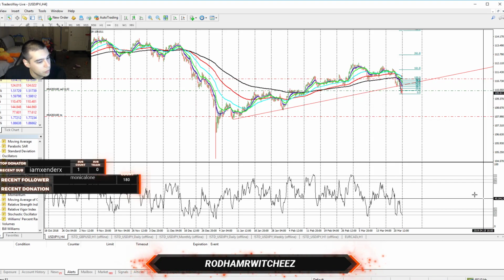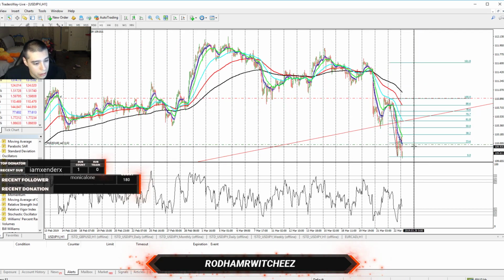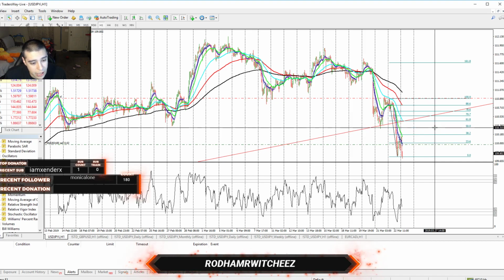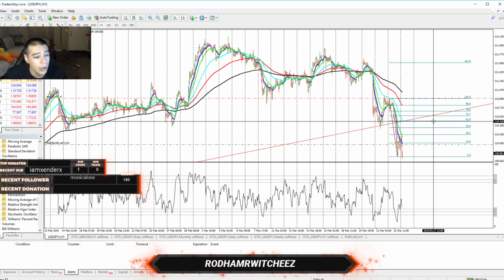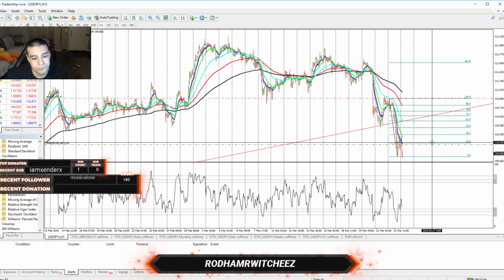So this should actually be really good for us, considering our entry, which is pretty early. We could have actually got this at 50%, 61.8%. That's more of your textbook entries. But considering what the possible take profits are, I'm okay with a 100 pip stop loss.